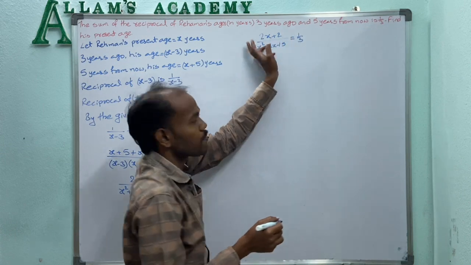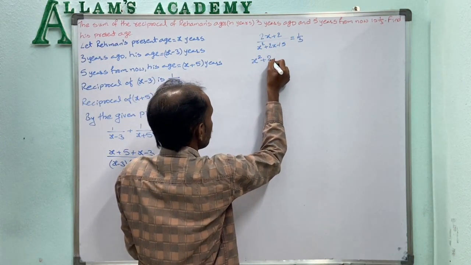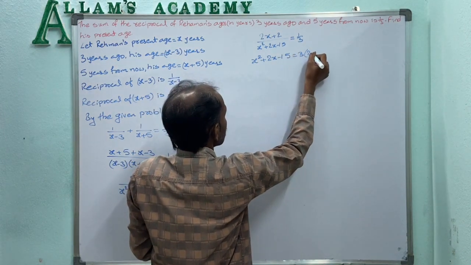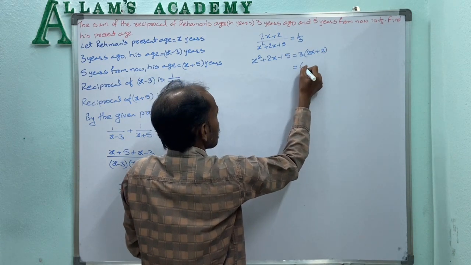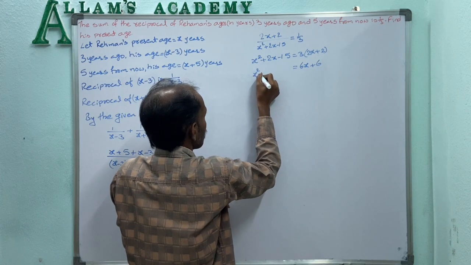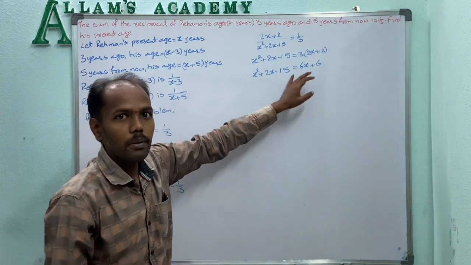Now by that cross multiplication, so x square plus 2x minus 15 is equal to 3 into 2x plus 2. So 3 into 2x is nothing but 6x, 3 into 2 is nothing but 6. So x square plus 2x minus 15 is equal to 6x plus 6.